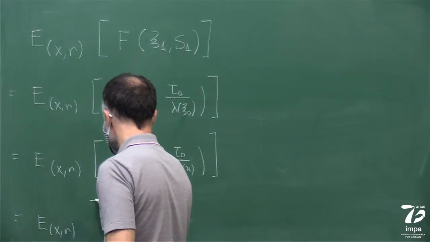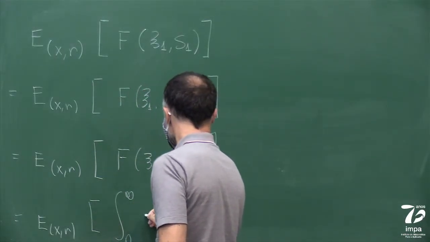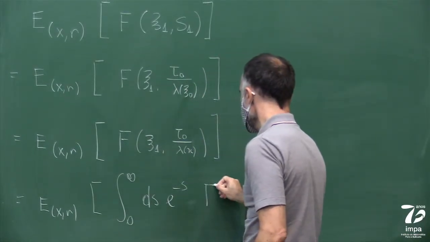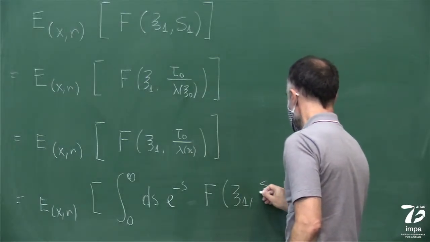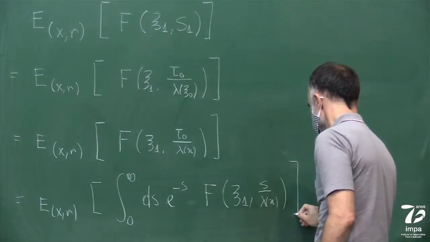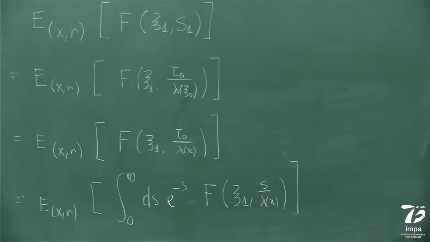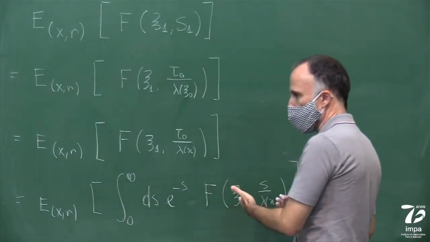So this expectation is equal to the integral from 0 to infinity ds e to the minus s of f of psi 1, s divided by lambda of x. And now, psi is a Markov chain.